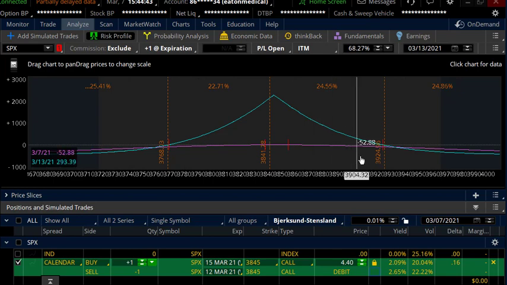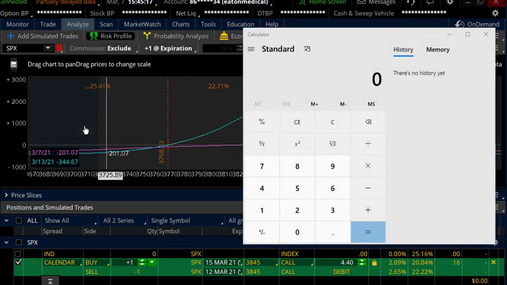You see how when you start getting out to these break evens, you're losing about $80. So let me just calculate that one second. Our max risk out here is 420, and at break even you're losing like 80 to 90.